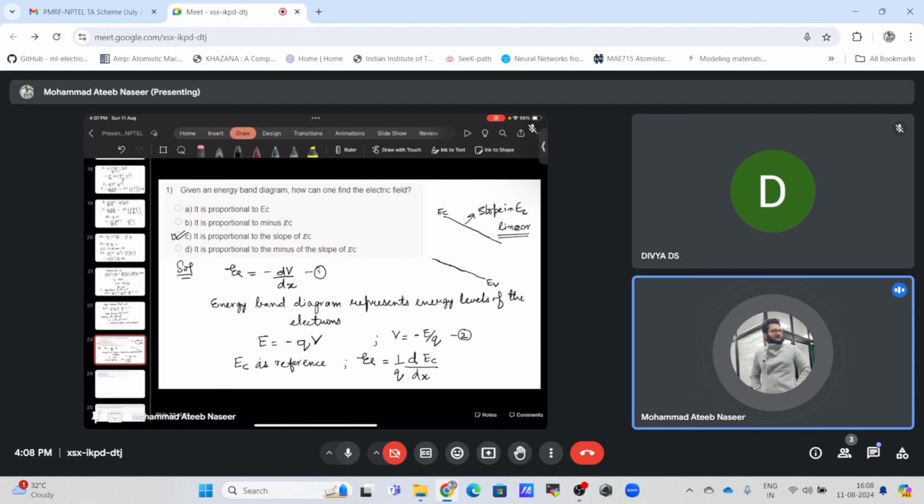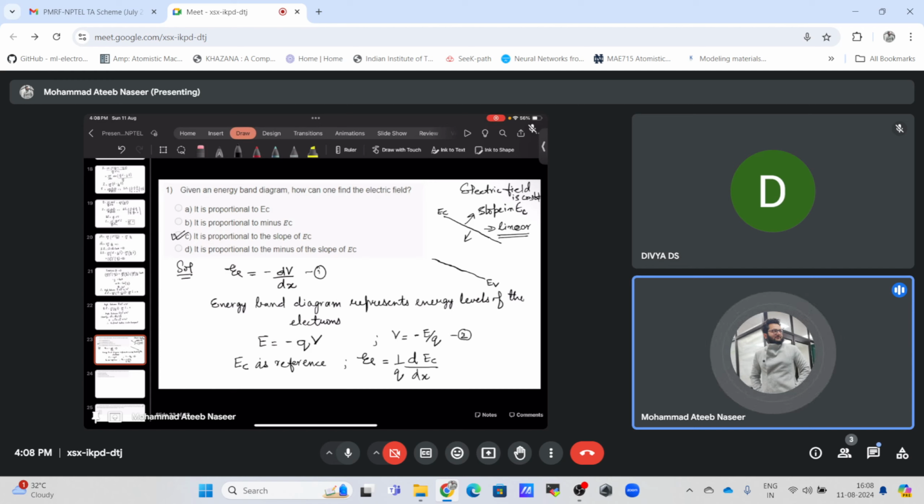Since this is a linear slope, it means that the electric field is constant, because the slope of this line is linear. That's what I have written over here.